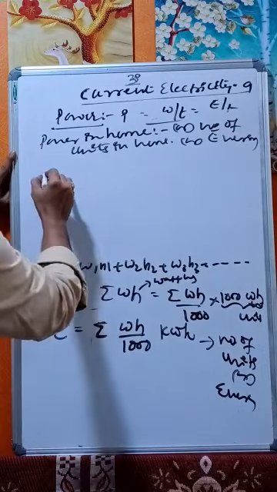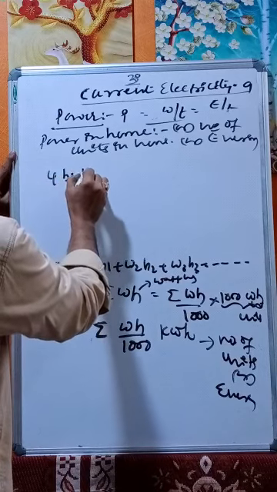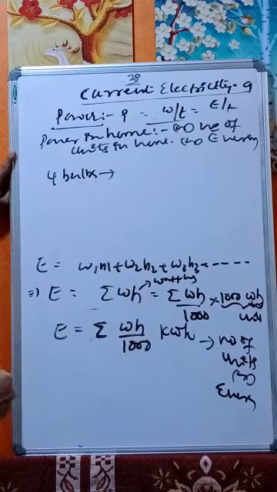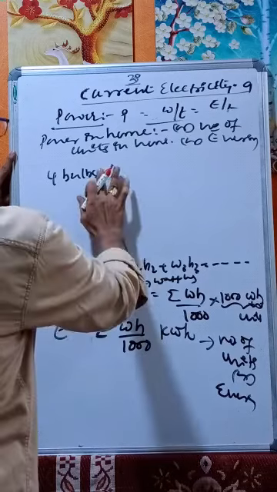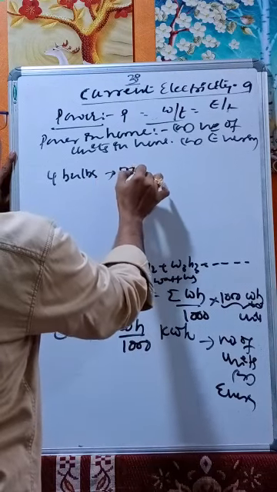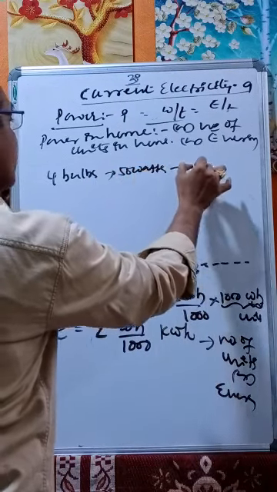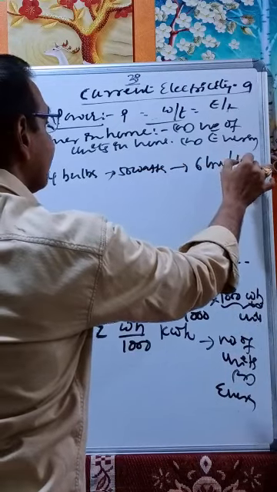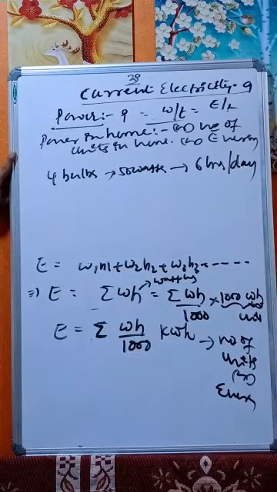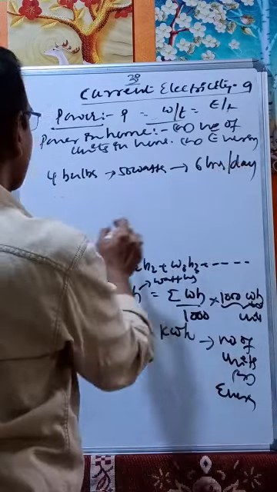Let us say 4 bulbs, each of wattage 50 watts, operated for 6 hours per day.